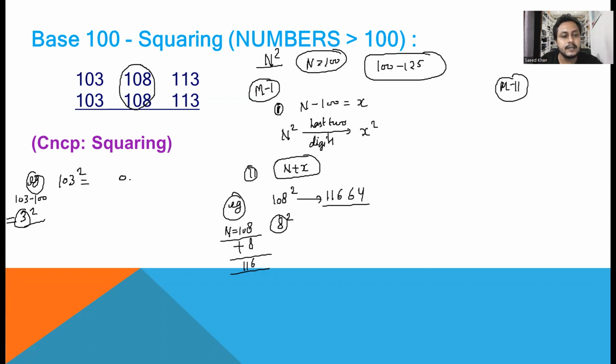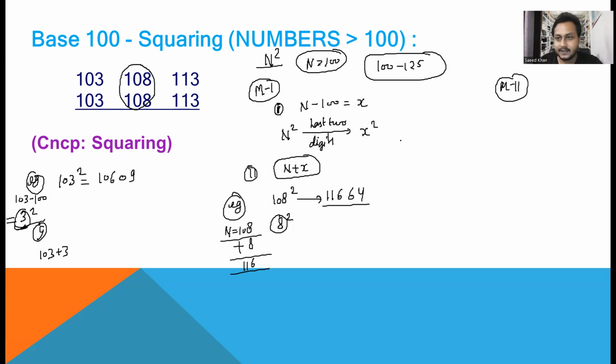The last two digits come out to be 09. 3 square is 9, but you have to write the last two digits, so that should be 09. And to get the remaining digits, we add to the number what? Not 9. How much more was it? 3. We'll add 3. So 103 plus 3 gives you 106. So 103 square is 10609. Right, so easy guys, you can solve it orally, no need of pen and paper.